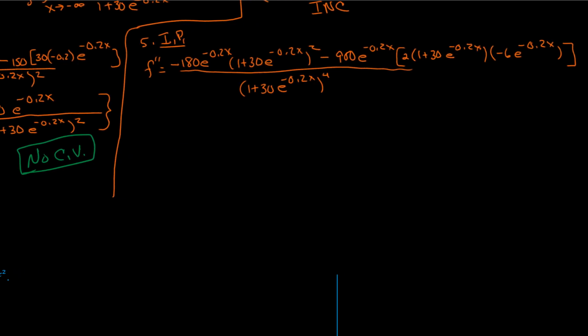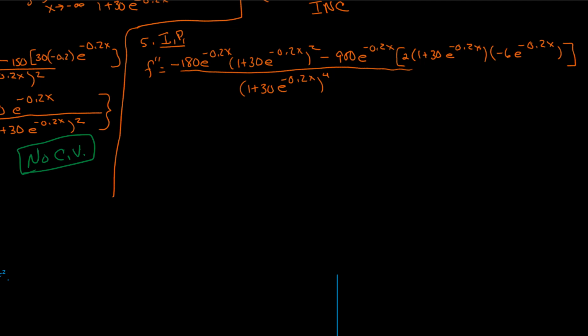Okay, we have to solve this for 0. As we had done with an earlier one, I would suggest in this case to go after Wolfram Alpha if you actually need to solve this. Okay, there actually is a location where this does equal 0.